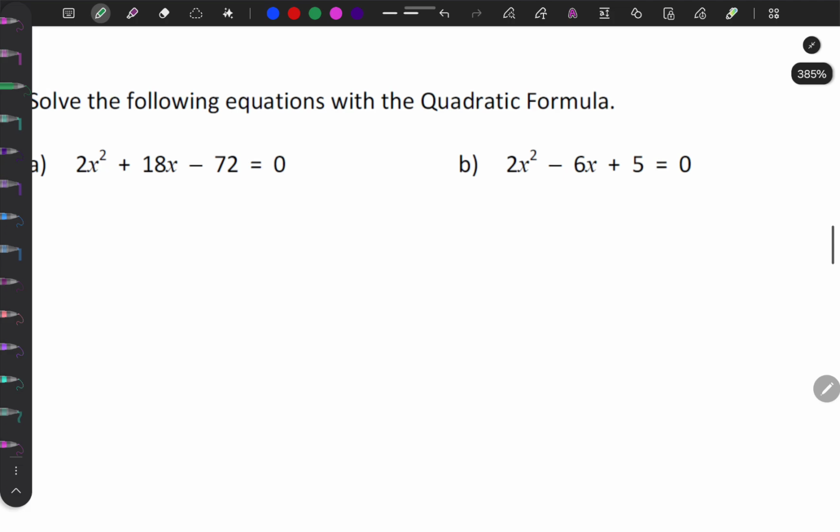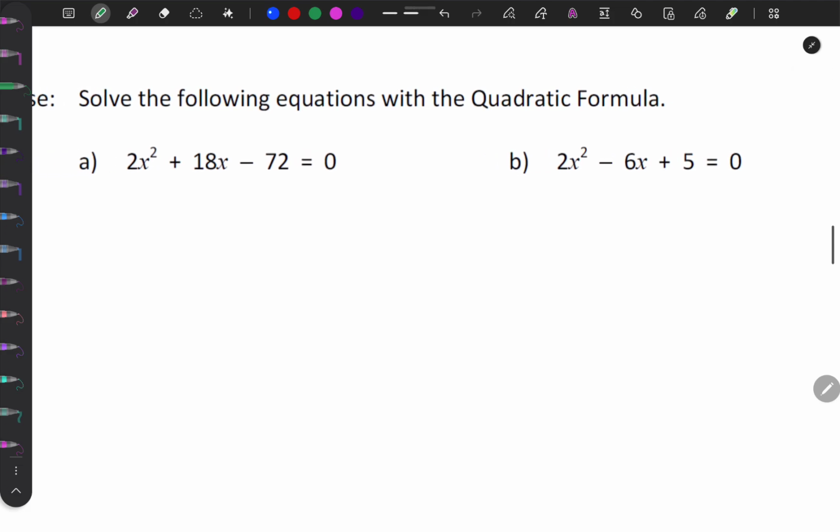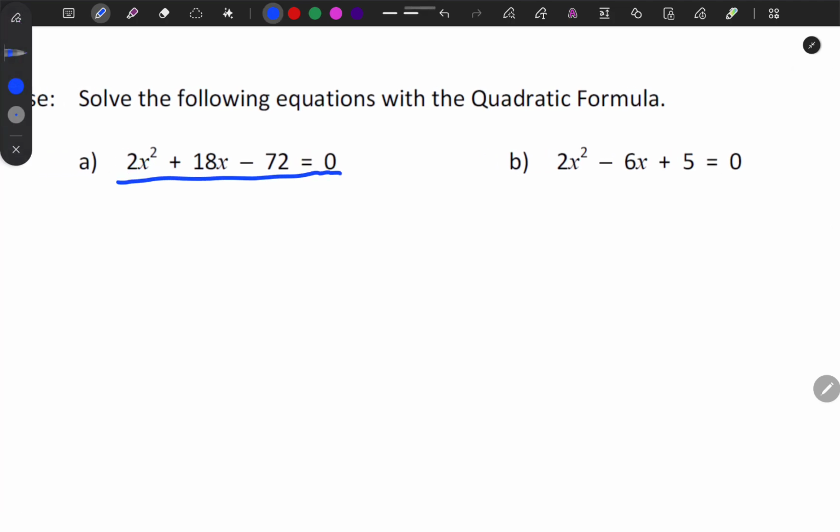All right, for A, you may actually notice that it's possible to divide the entire equation on both sides by 2, which makes your entire equation a little bit easier. x squared plus 9x minus 36 equals 0, and it factors incredibly nicely, and it would be very fast to solve. That would be an excellent choice, but we're going to practice a little bit of quadratic formula, so we'll put it into the formula instead.